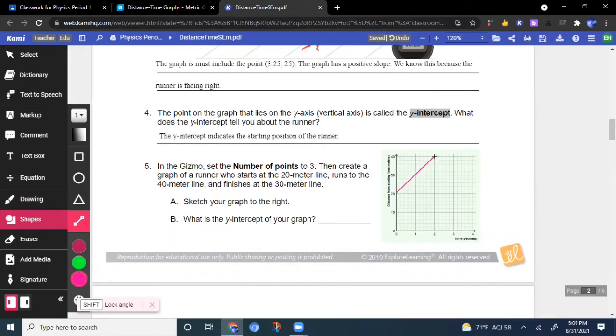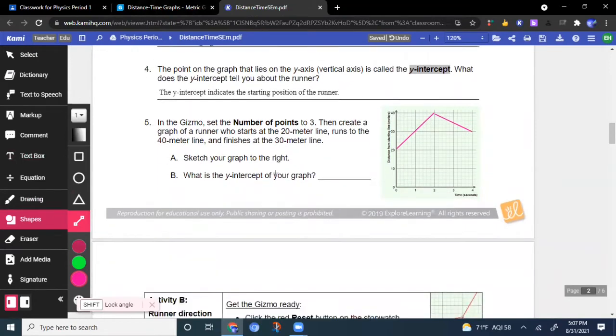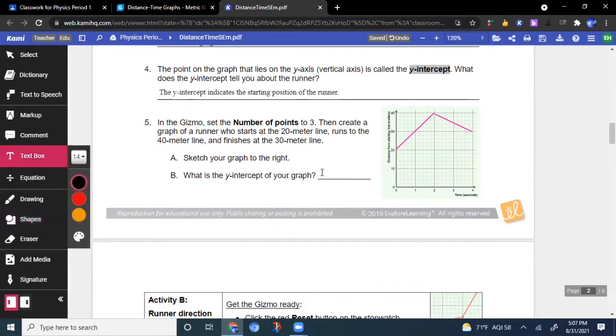There we go, just like that. Then I'm going to put another line from 40 down to 30. Just like that. And that's the same graph that was created right here. What is the y-intercept of the graph? Well, the y-intercept is 0 seconds and 20 meters.